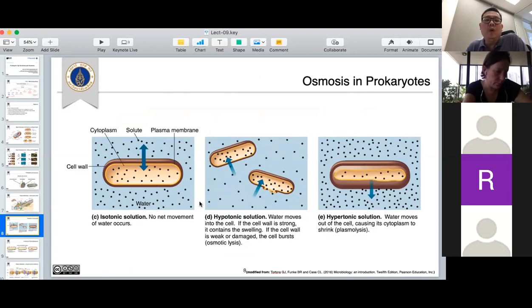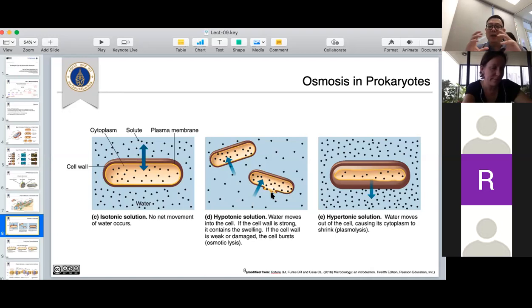But if we move bacteria to a new solution we call hypotonic, hypotonic is a solution that is lower than the cytoplasm. So water from outside starts osmosis to the inside, just moves inside the cells. And if some bacteria cannot tolerate osmotic pressure, the cell bursts, so they lyse.